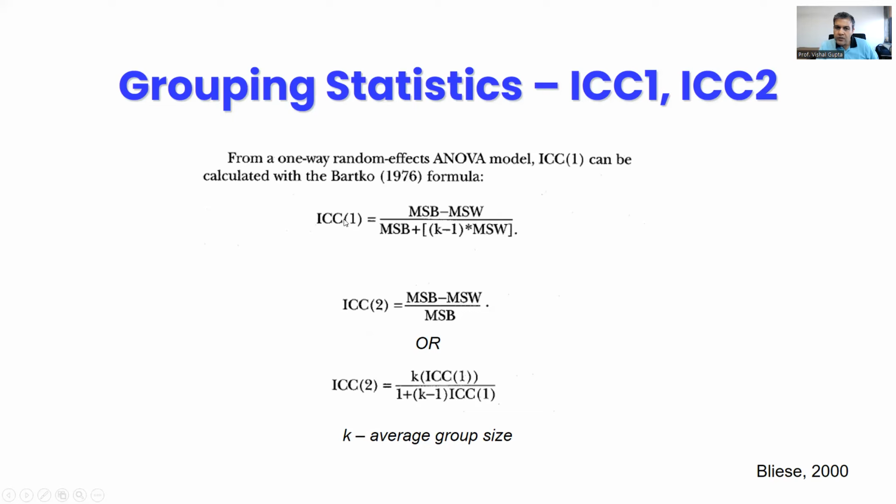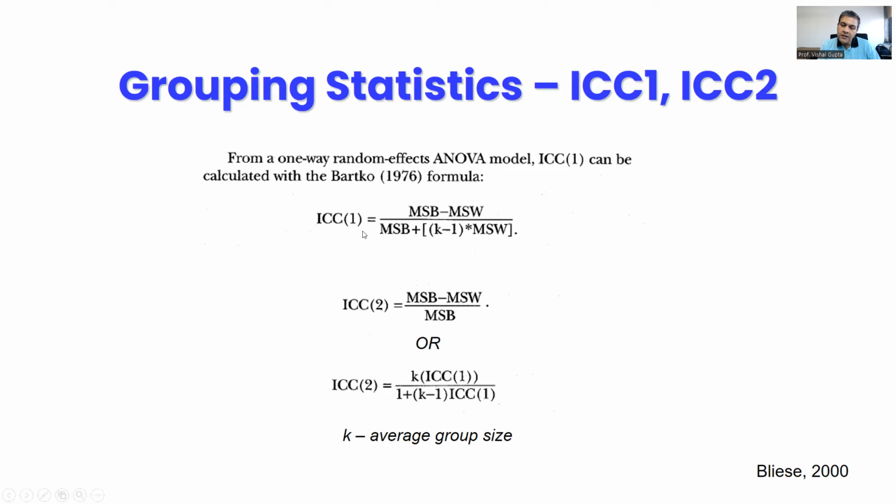size. So ANOVA command one, I was telling you, was sigma square u0 divided by sigma square u0 plus sigma square r. But ANOVA can also help us break down the variance within groups and variance between groups.